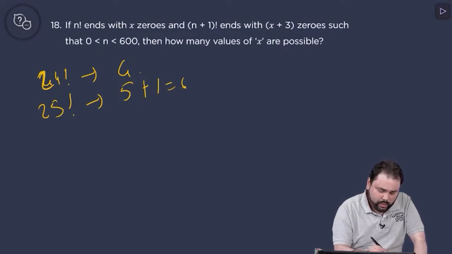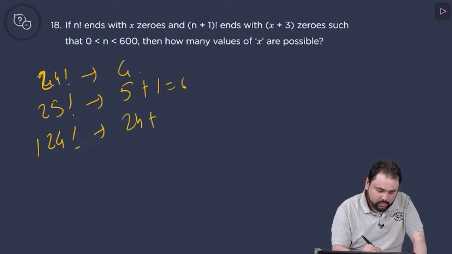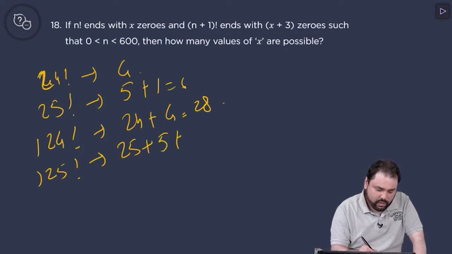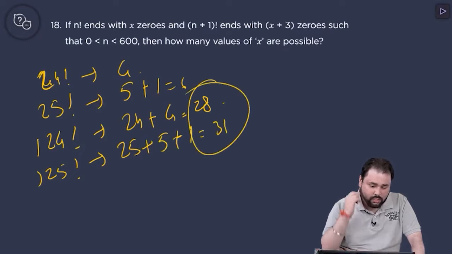So let's take around 125. 124 factorial, 124 by 5, which is 24, plus 124 by 25, which is 4, so that's 28. 125 factorial, 125 by 5 is 25, 125 by 25 is 5, 125 by 125 is 1, so 31. So difference is 3.